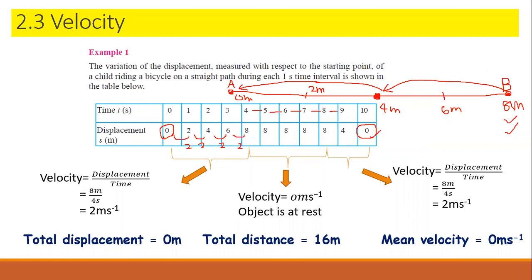He has moved from A to here at first, and then to here, and then to here, 6 meters, and to here, 8 meters. And he has come back 4 meters, and again another 4 meters. Now, what is the total distance he has traveled?